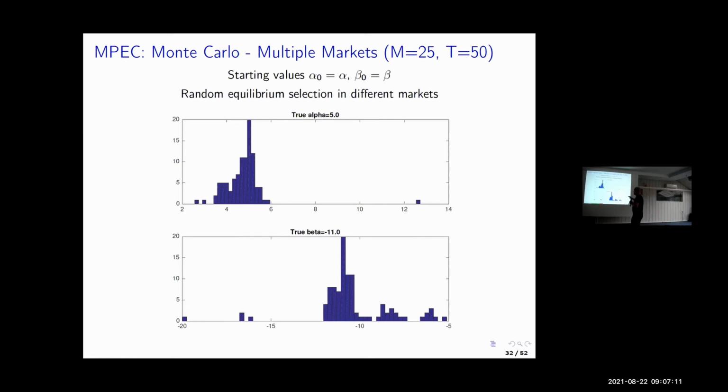These are all solutions. So this one out here and these ones out here are due to local minima, you can say. In some sense, it finds a wrong equilibrium. It's not the one that was played in the data. It had a very low likelihood, but it did converge in the sense that there was a local maximum of the likelihood function.